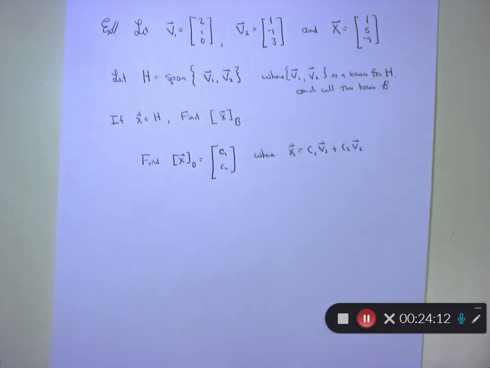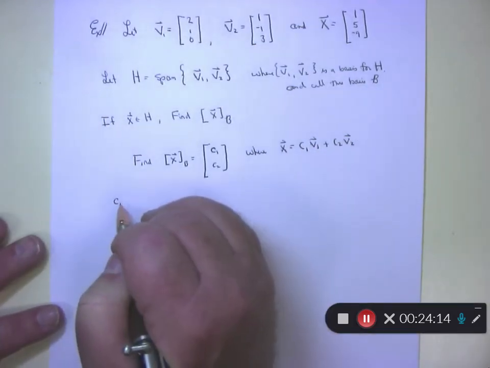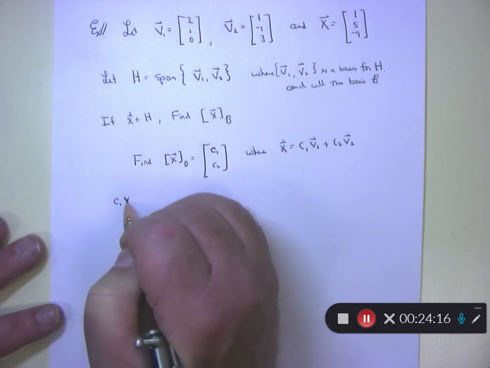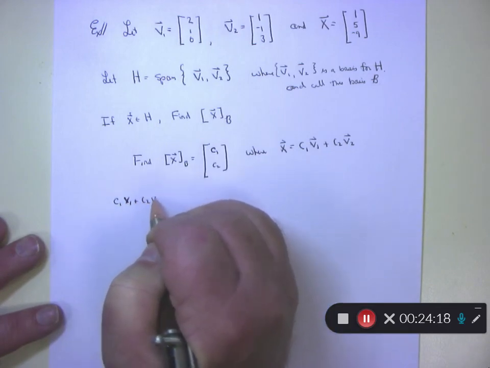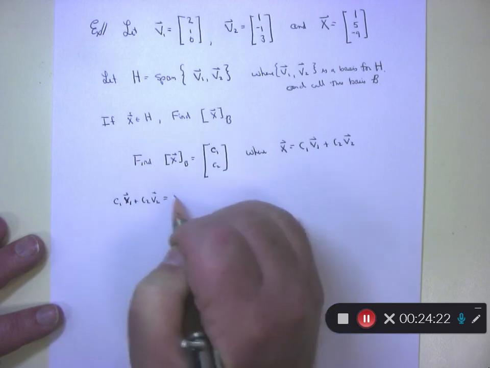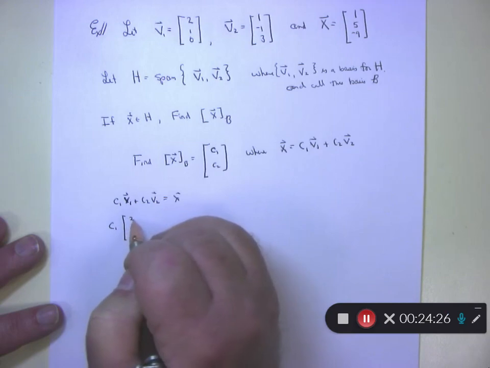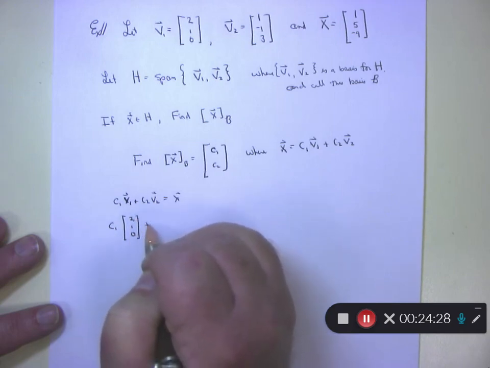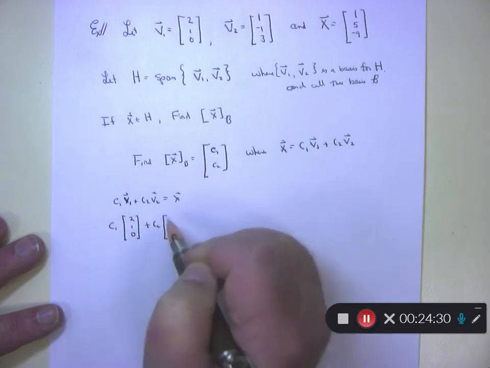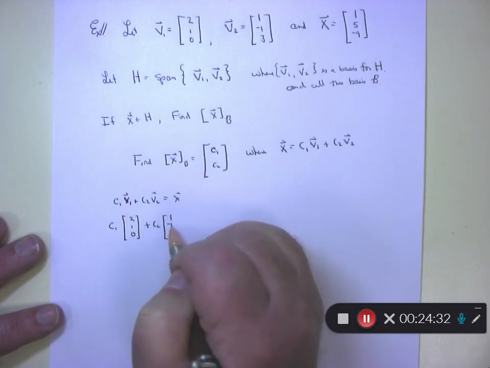So here we go, rewriting this. C1 times V1 plus C2 times V2 is equal to X would be C1 times vector V1, which is (2, 1, 0), plus C2 times vector V2, which is (1, -1, 3).